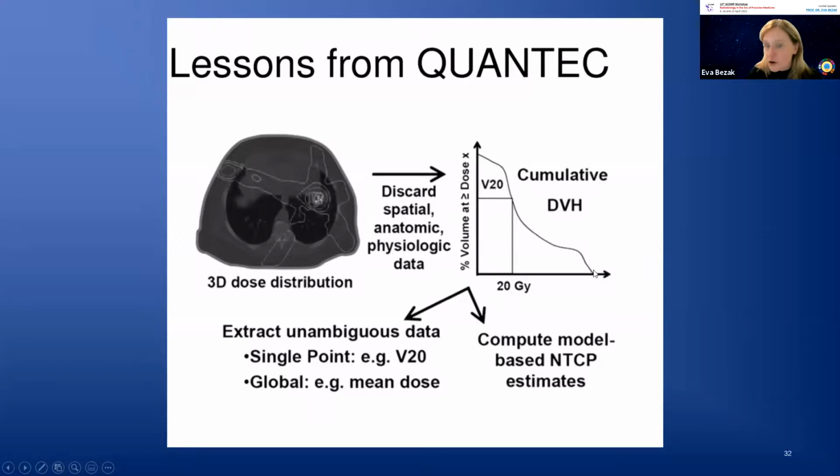But we also can use this dose volume data to compute the normal tissue complication probability models that I have shown you previously.